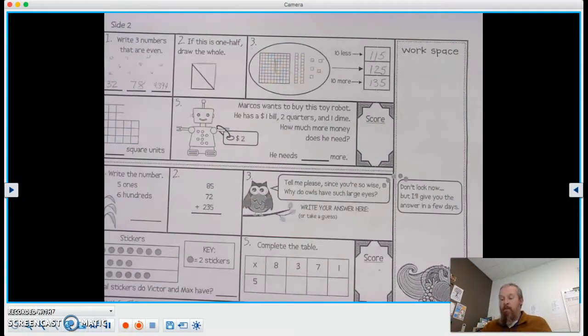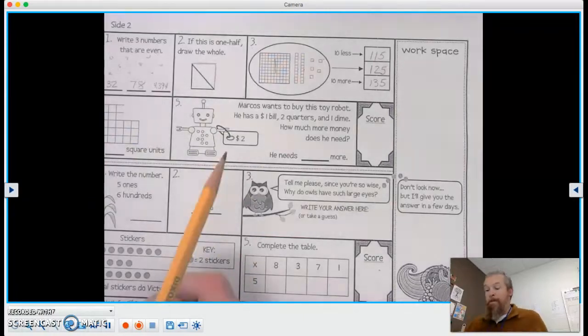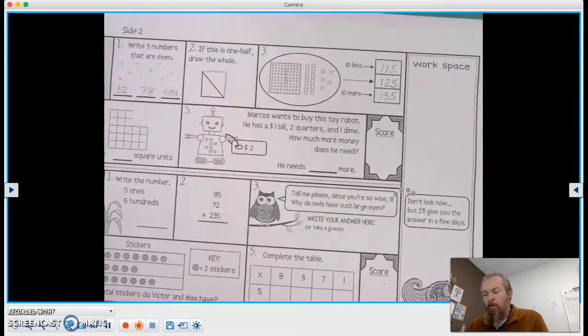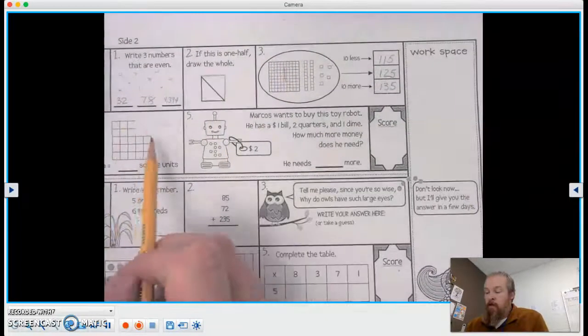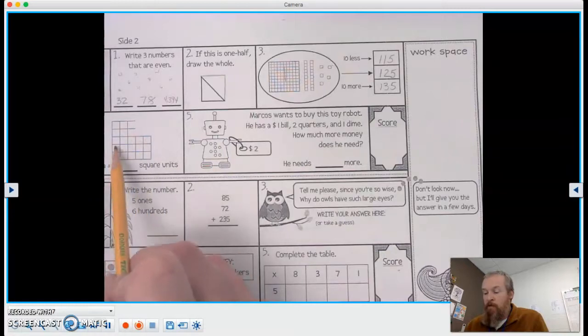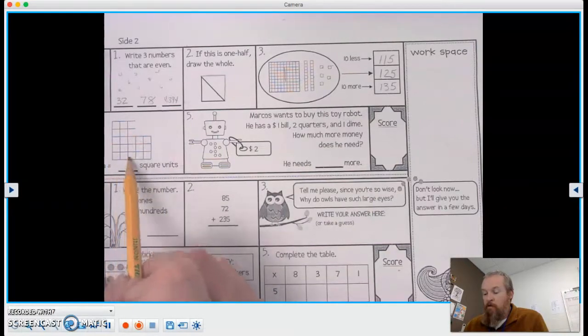All right, the area is blank square units. Okay. Gonna be a little tricky on this one because it doesn't show us all of our pieces, does it? No. I do see 1, 2, 3, 4, 5 by 3. Right?